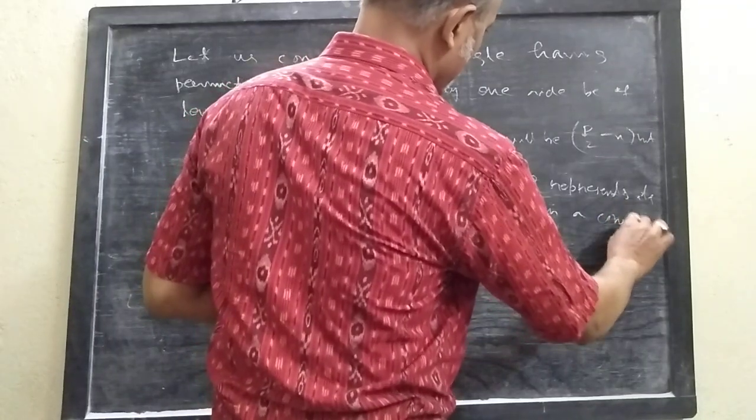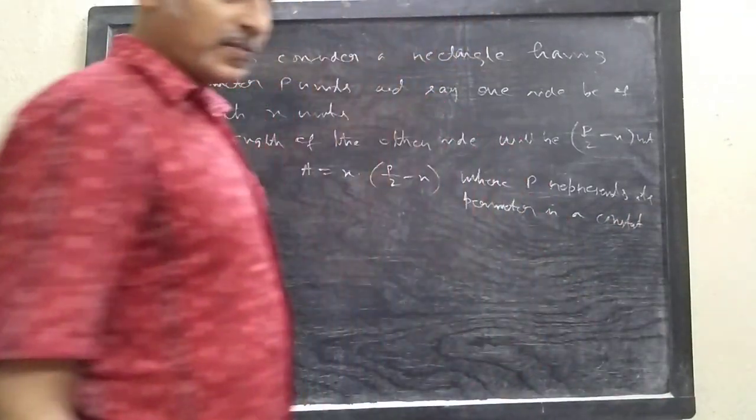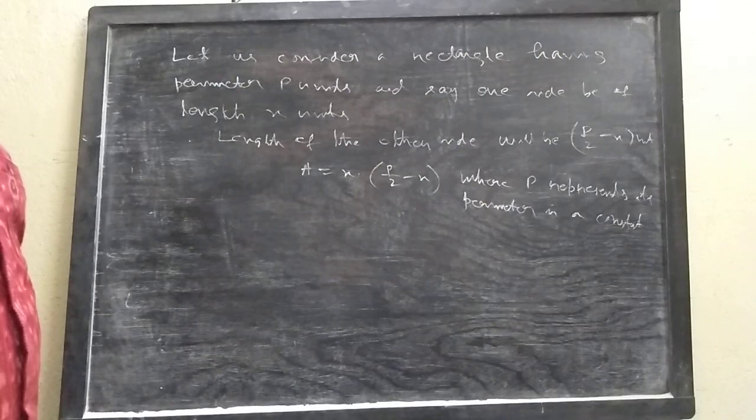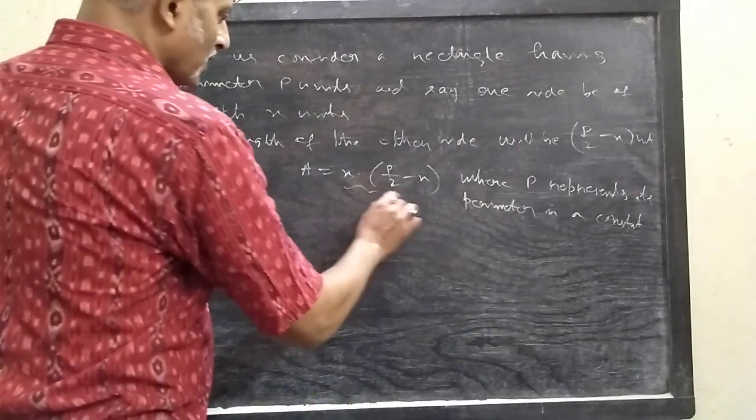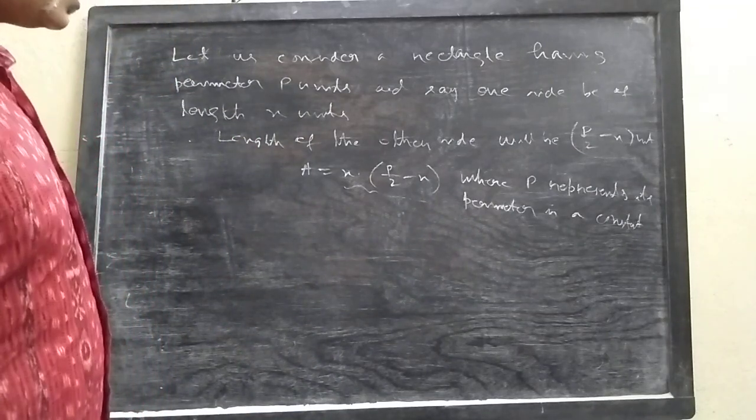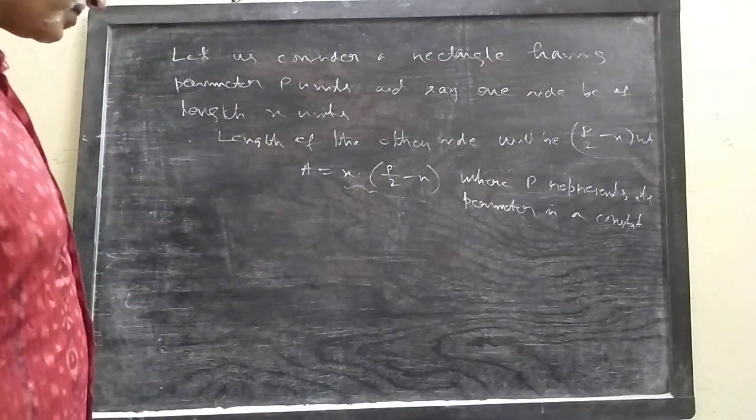Why constant? Because it is given that the perimeter is given. Given means it is fixed, it is constant. So the area is expressed in terms of a single variable x.